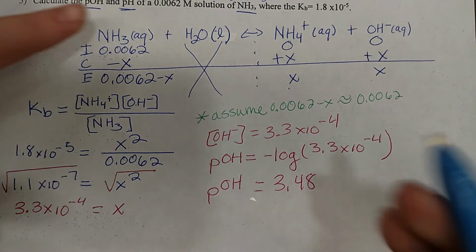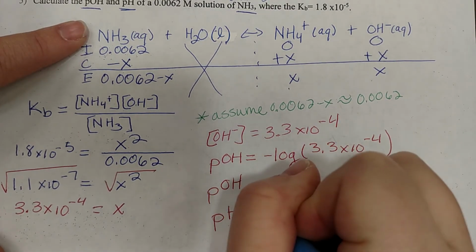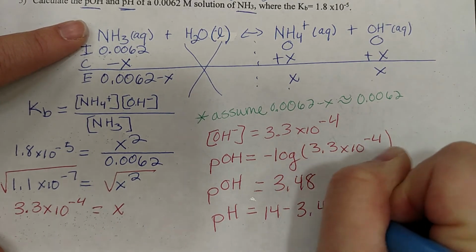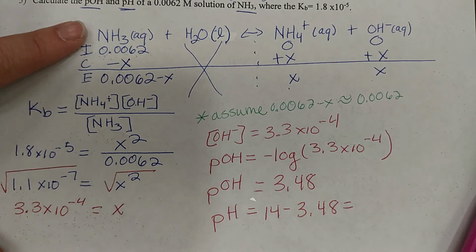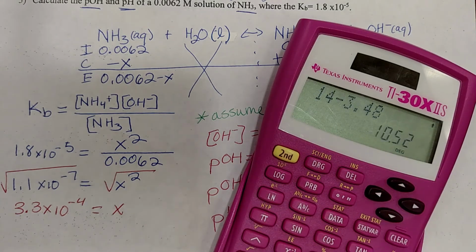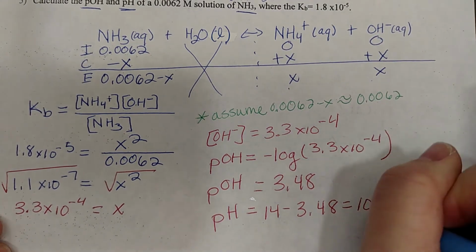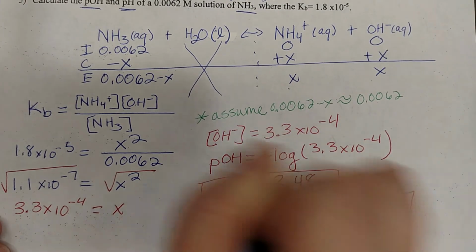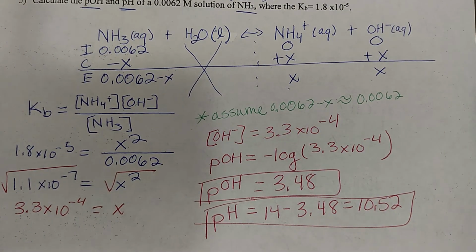Alright, our last step is to calculate the pH from our pOH. So we do 14 minus 3.48. And we get 10.52. And that is our pOH and our pH values for this. So that's answered our question. We wanted both of those values, so we have our pOH and our pH value.